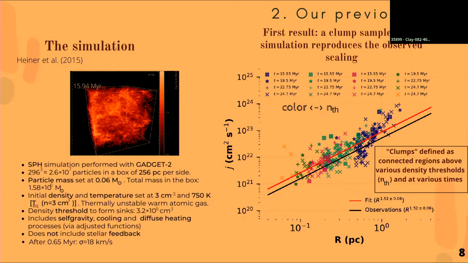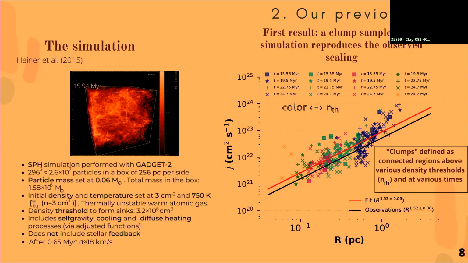And the first thing is that we reproduce very well the observed relation in the j-R plot. So here's our numerical sample. We use a clump finding algorithm based on density thresholds.